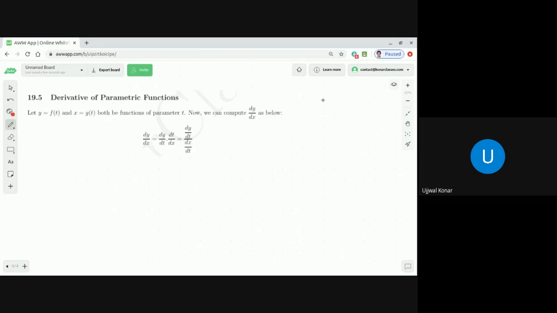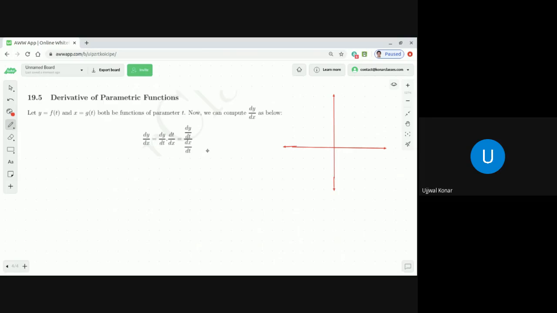Parabola is something like this. Suppose this is my y. Sorry, let me draw the axes properly.